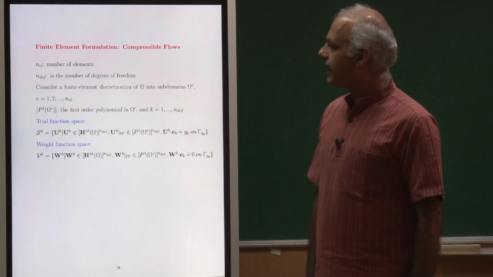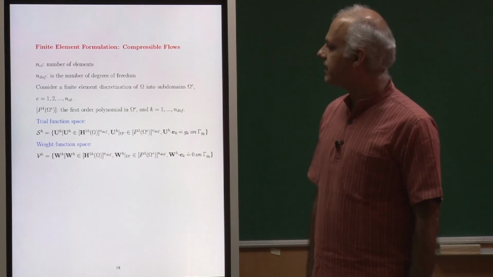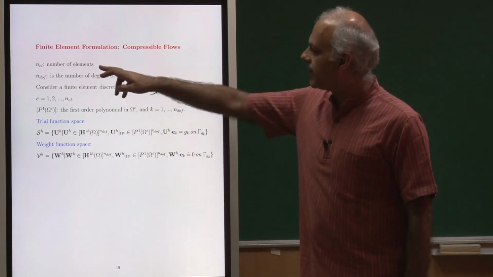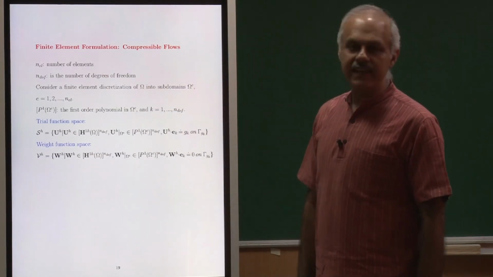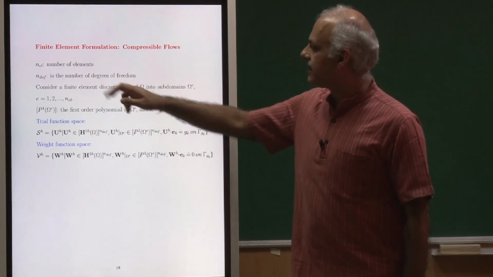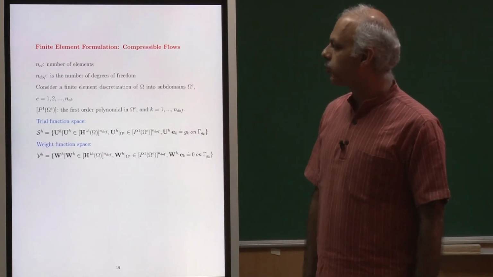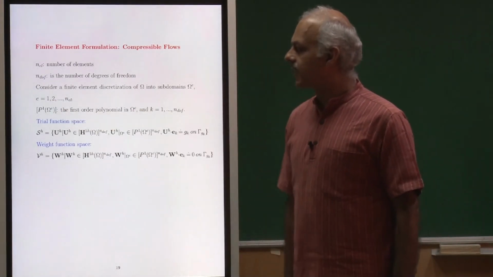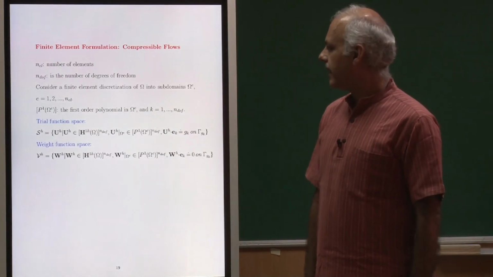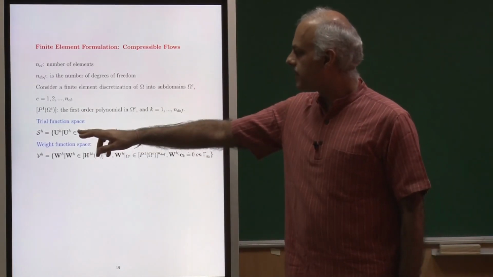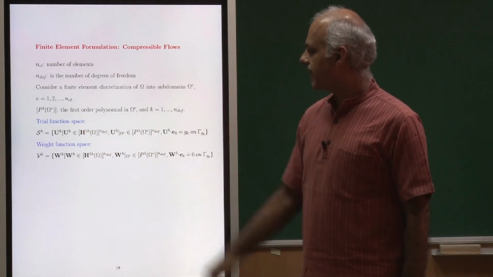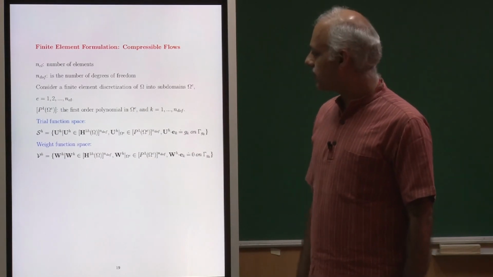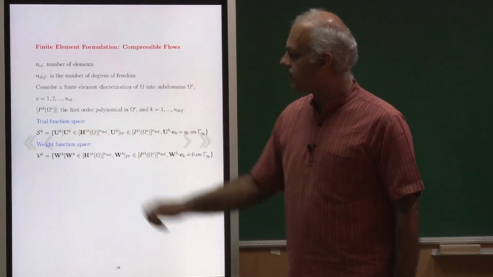So, with that in mind, I will give you a sketch of the stabilized formulations for compressible flows. So, again we are going to assume there are NEL number of elements, there are degrees of freedom per node, and the element counter is denoted by E, and we are going to propose the trial function space as well as the weight function space, fairly standard as we have been doing before, and notice that these are now vector functions.